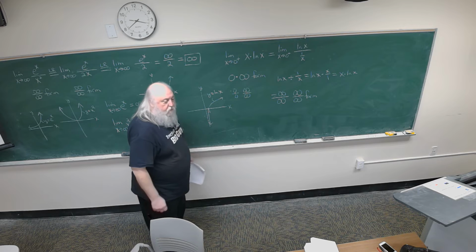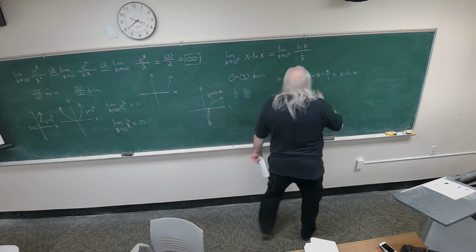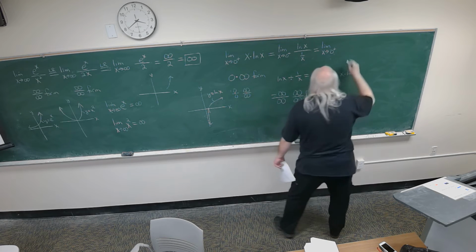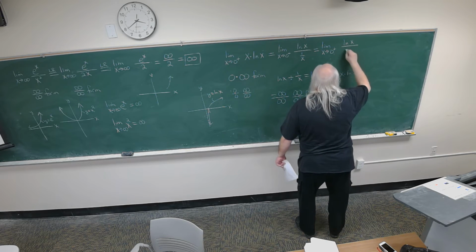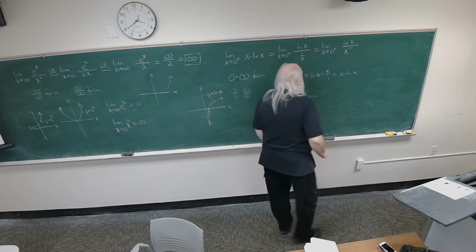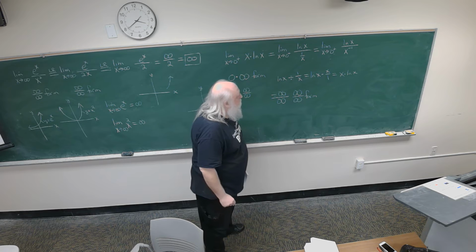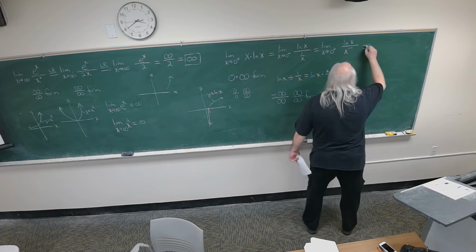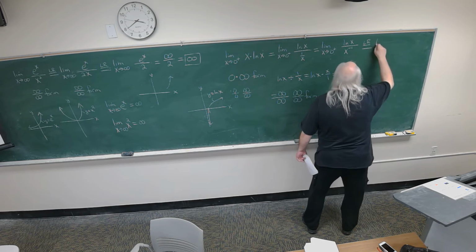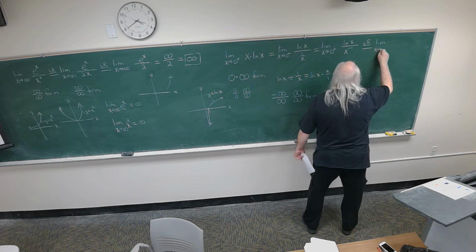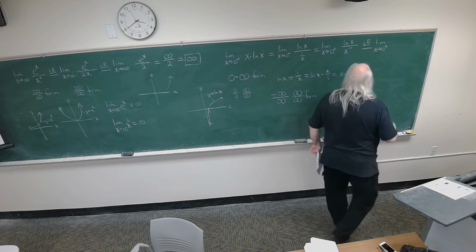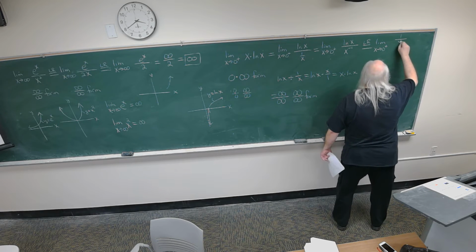So we've got to differentiate the numerator and the denominator. So 1 over x is the same as x to the minus 1 power. The derivative of the natural log of x with respect to x is 1 over x.